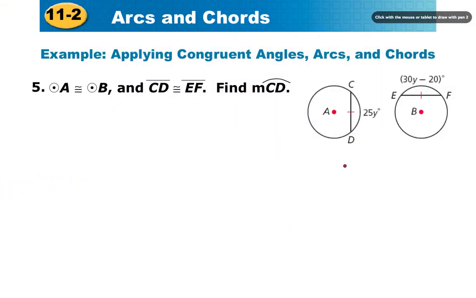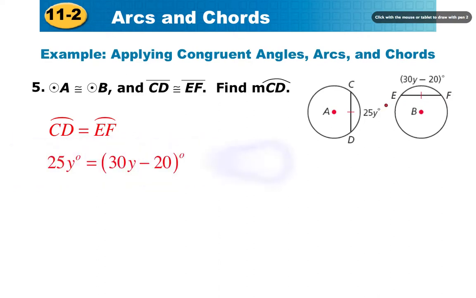Problem number 5 says circle A is congruent to circle B, and chord CD is congruent to chord EF, and we need to find the measurement of arc CD. Again, since these two chords are congruent, these two arcs, CD and EF, must be congruent or equal. Substitute. You can drop the degrees symbol.